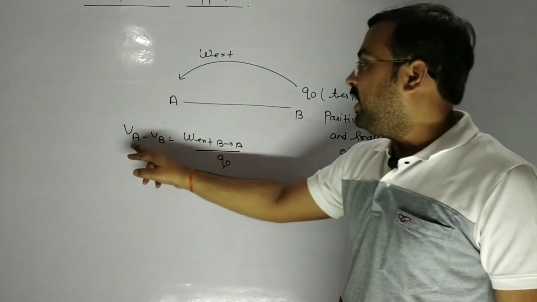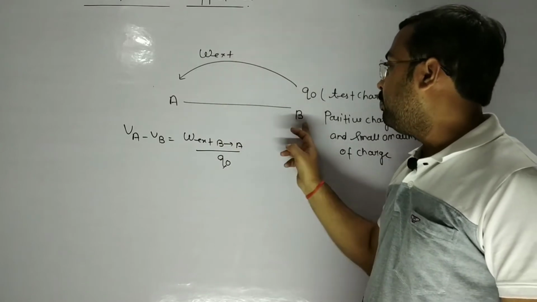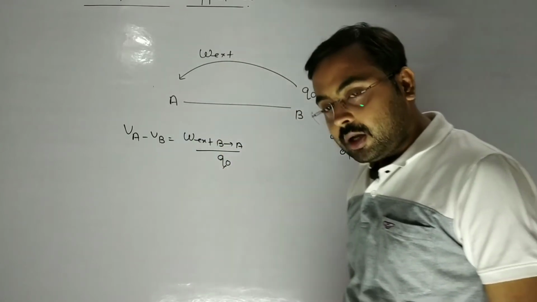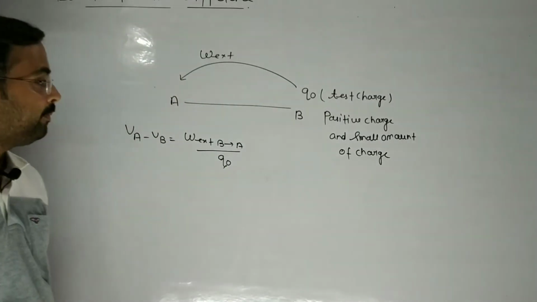It means VA minus VB equals W external B to A upon Q naught. That is the definition of potential difference.